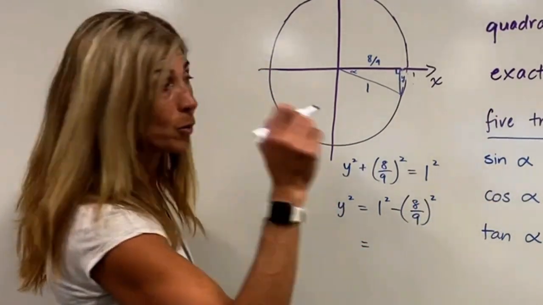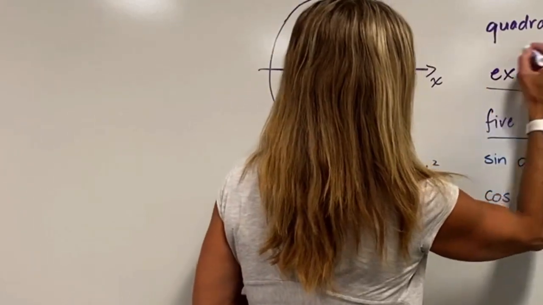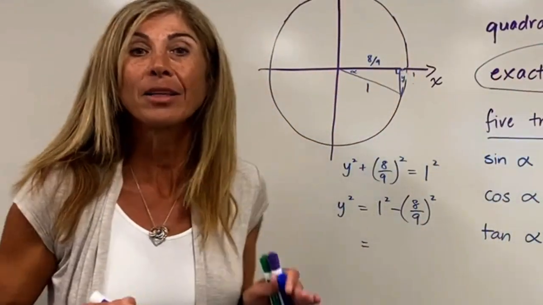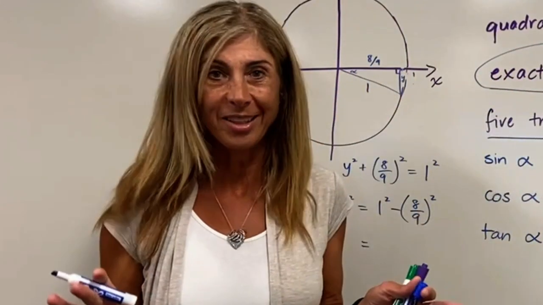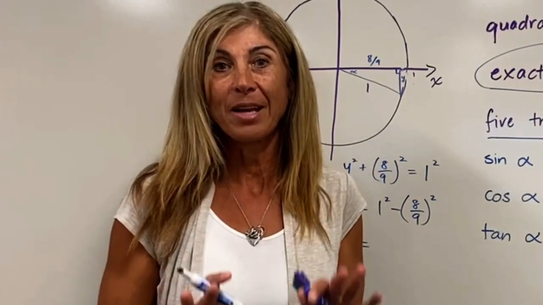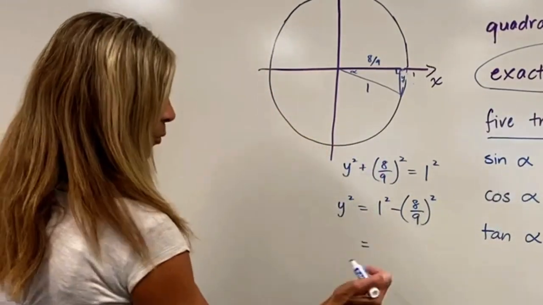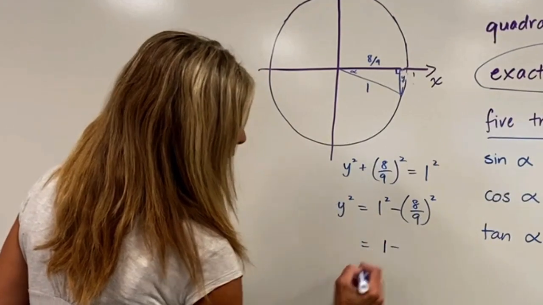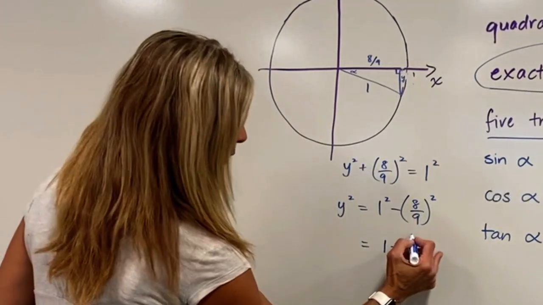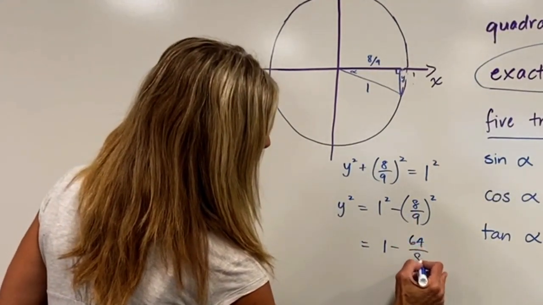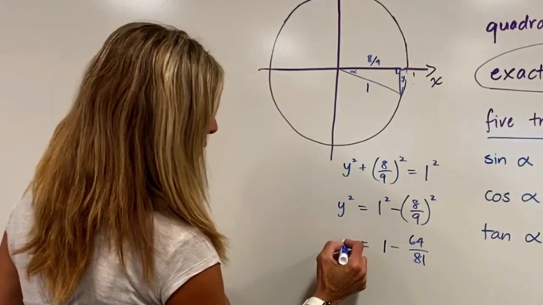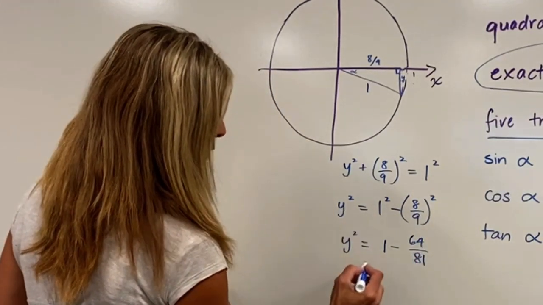Now, again, note, exact values. Exact values means don't jump to your calculator, leave it in simplified radical form. So we have 1 squared, which is 1, minus 8/9 squared, which is 64/81. And we want the square root of this since we want y.